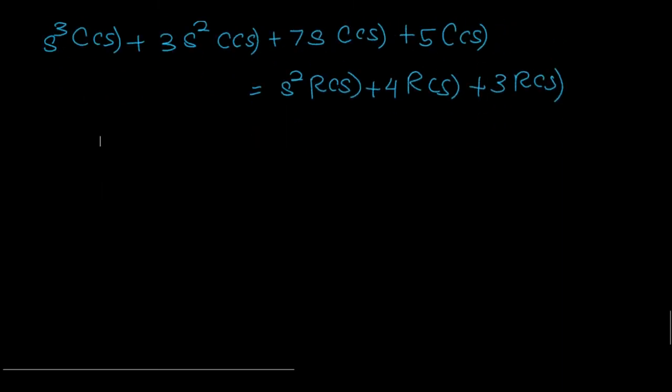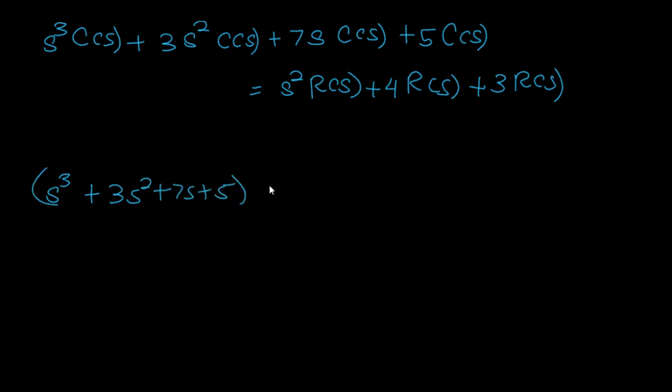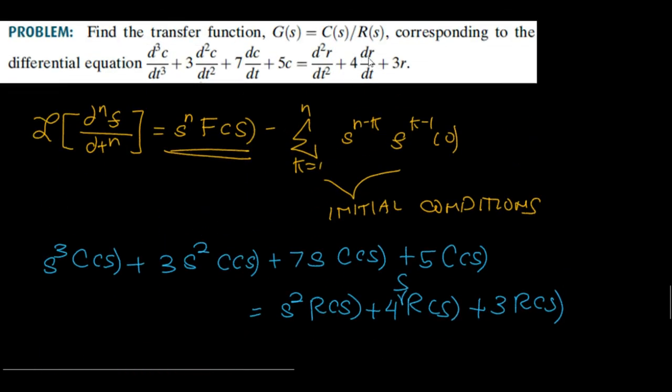So, i-factor out na lang muna natin para mas clear. s cubed plus 3s squared plus 7s plus 5 C of s equals s squared plus 4, or sorry, 4s. Okay, nalimutan ko may s dito kasi itong 4 ata ay merong derivative.